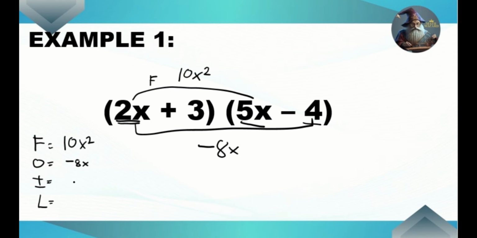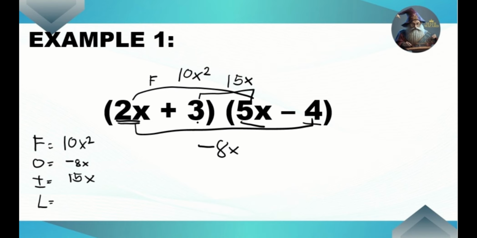Okay, let's go to the inner. Inner means this 3. 3 and 5. So, 3 times 5, that is 15. And there is no x with the other one, so it is just x. Copy it. So, this is 15x.